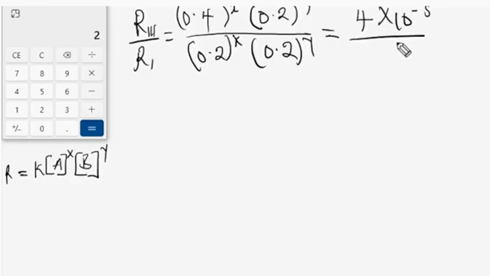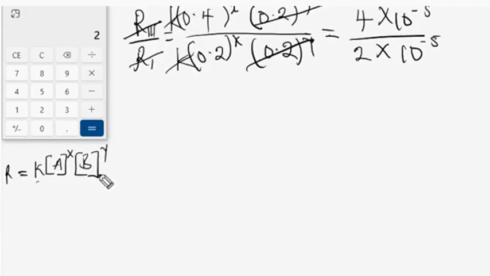And then for 1, we have 2 times 10 to the power of negative 5. So with this, we can cancel out y, and we can cancel out every other thing. So remember that this is times k, so we can cancel out the k from this equation here.